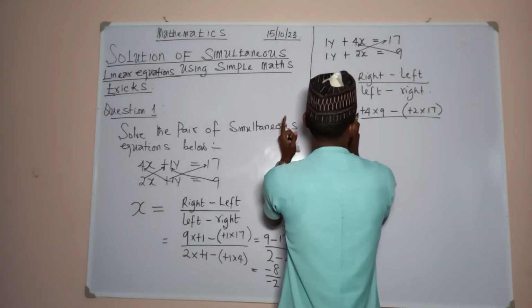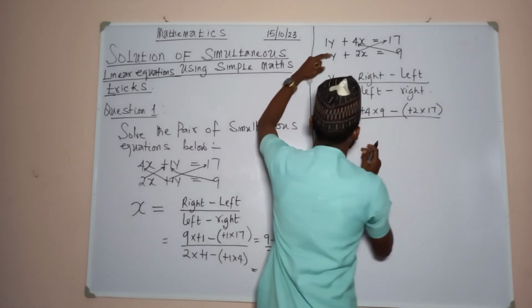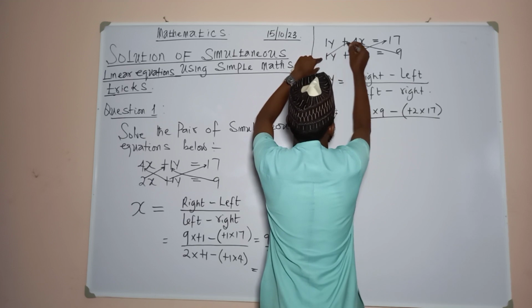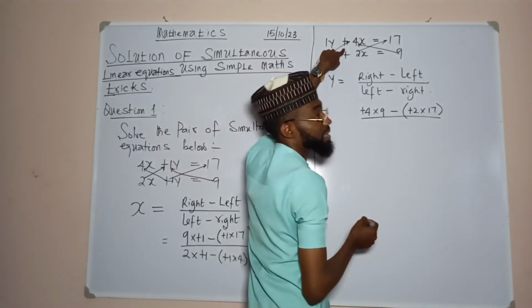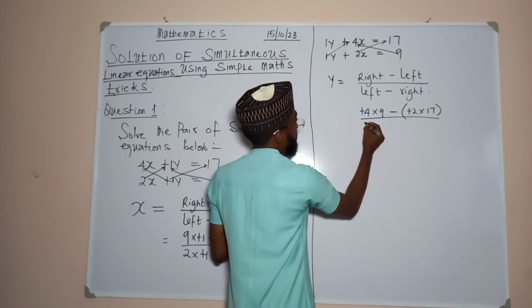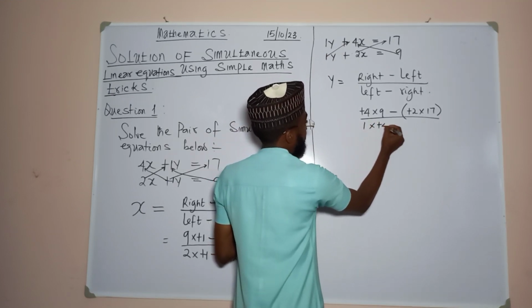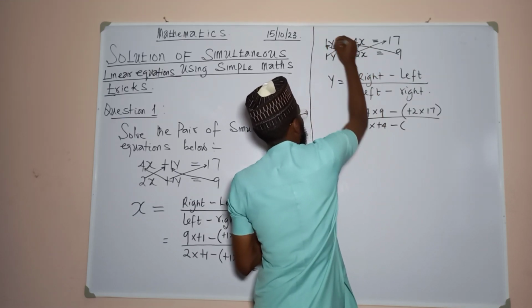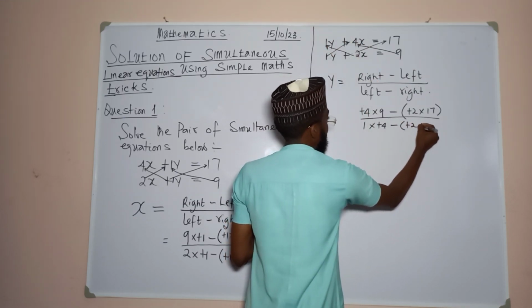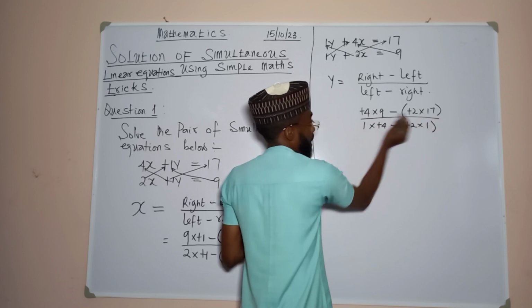All over, you shift a little bit to your left and take your left now, the coefficients. Make sure whenever you're picking the coefficient of a variable, you always pick it with a sign. So we're going to have 1 times plus 4 minus your right diagonal, which is going to be plus 2 times 1. You can work this out.